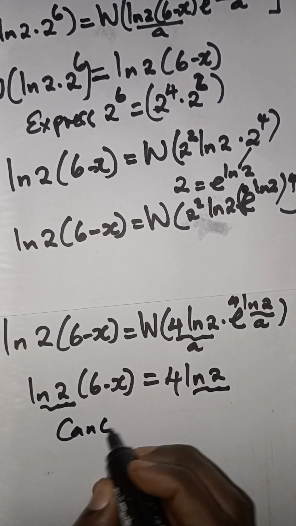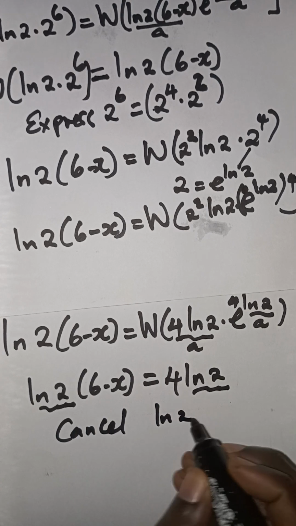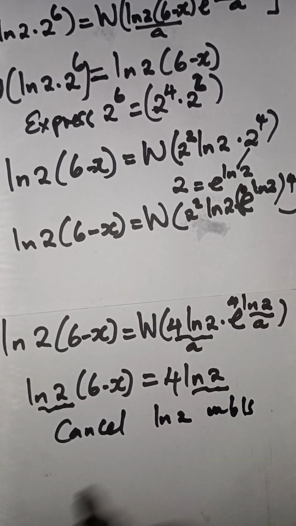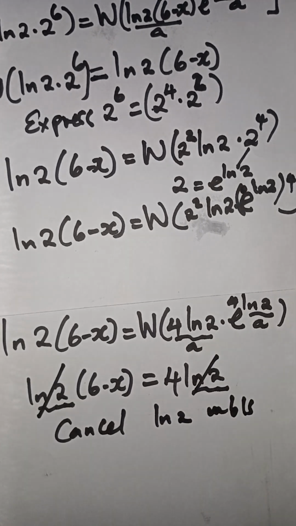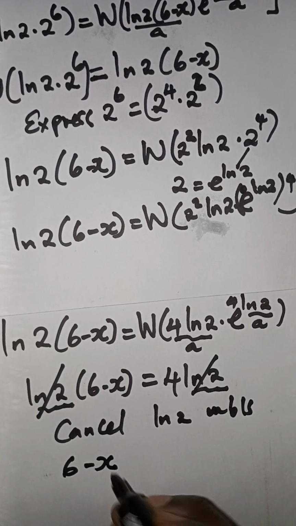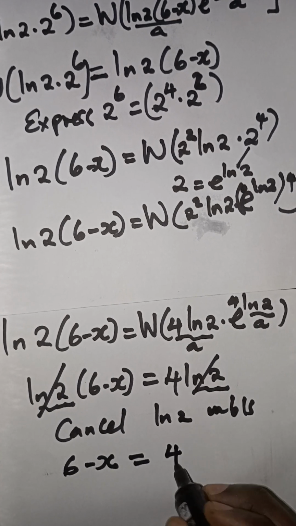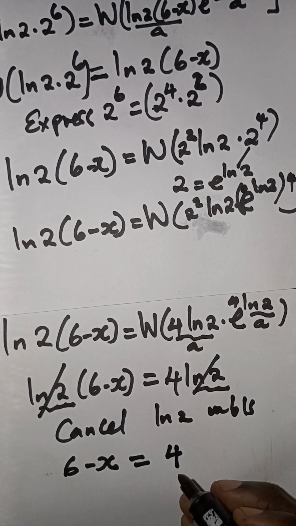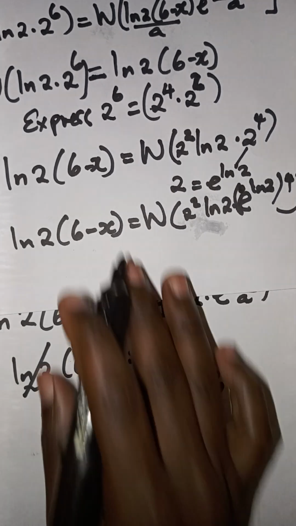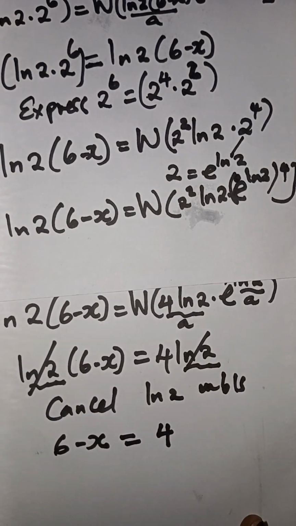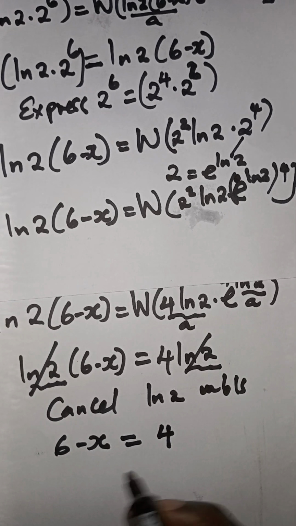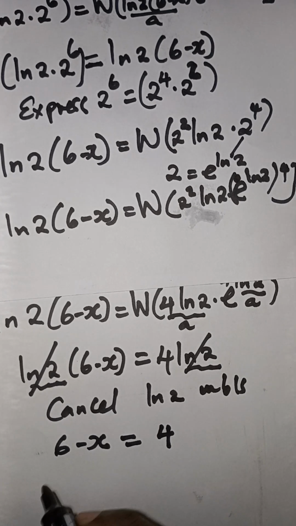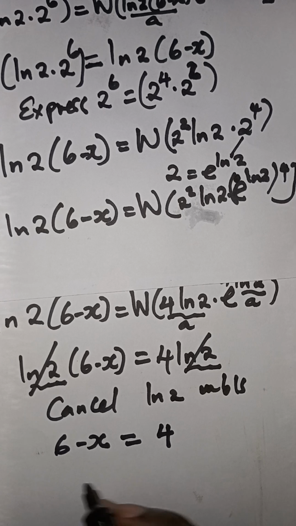I can cancel the natural log of 2 on both sides, so that I'm going to remain with 6 minus x is equal to now 4. Which simplifies to an easier, simple arithmetic or algebra.